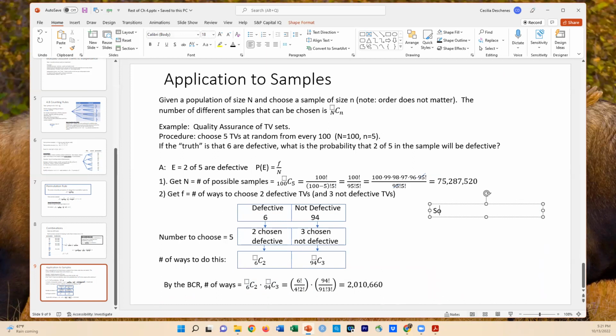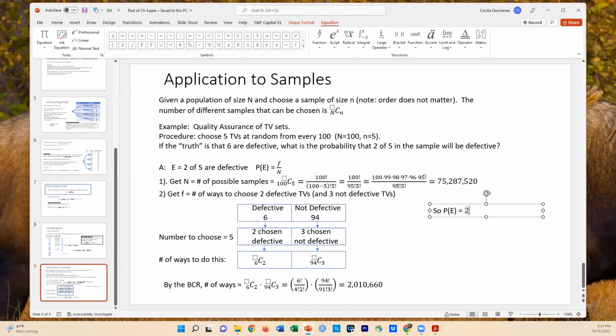So the probability of E is just going to be F divided by N. So for us, it's just going to be 2,010,660 divided by 75,287,520. And that turns out to be 0.027 or 2.7%.